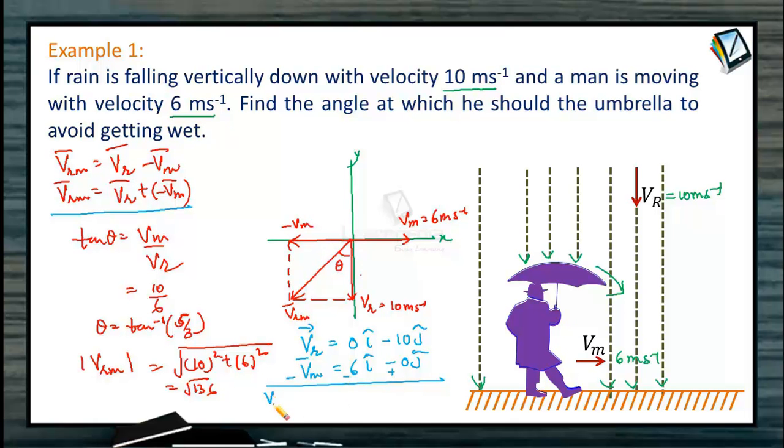So Vr minus Vm, that is, velocity of rain with respect to man, will be minus 6 i cap minus 10 j cap. So the magnitude will be the square root of 10 square plus 6 square, that is root 136. Tan theta will be 6 by 10, that is 3 by 5, so theta is tan inverse of 3 by 5.